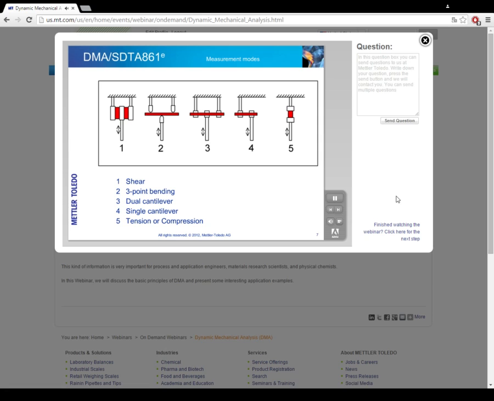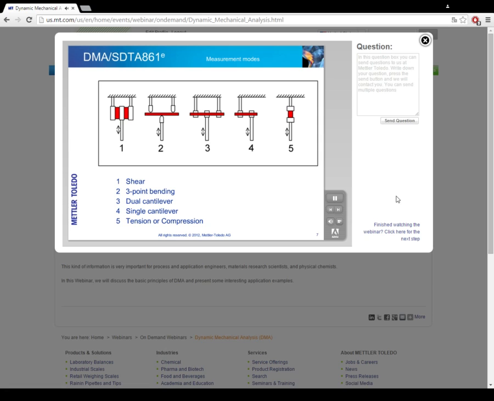Diagram 2 shows the three-point bending mode. This mode is ideal for very stiff samples with a modulus greater than 1 gigapascal. If the sample softens during the measurement, the dual cantilever or single cantilever modes shown in diagrams 3 and 4 can be used. In these two modes, the samples are clamped either at both ends or just at one end.